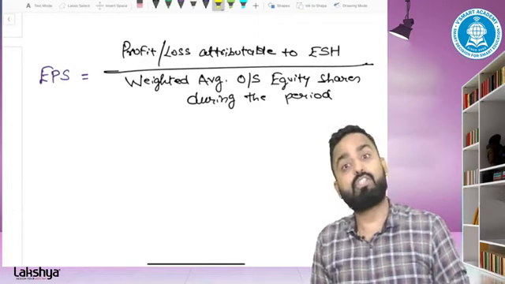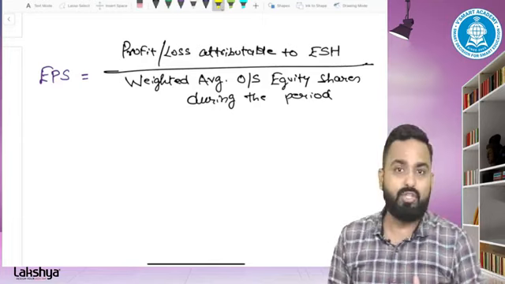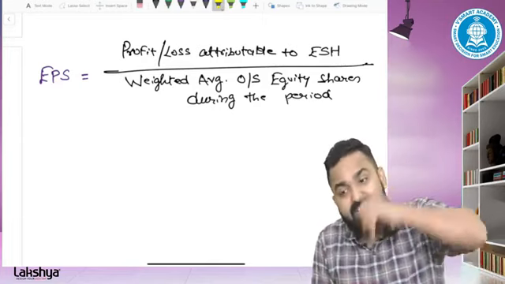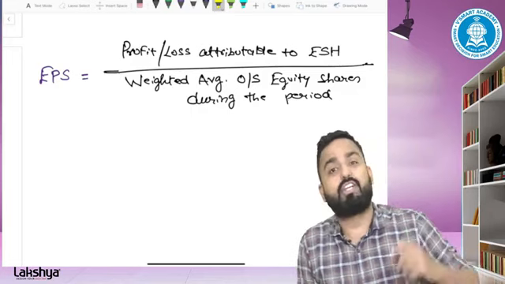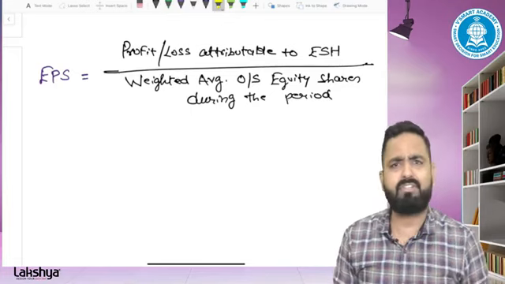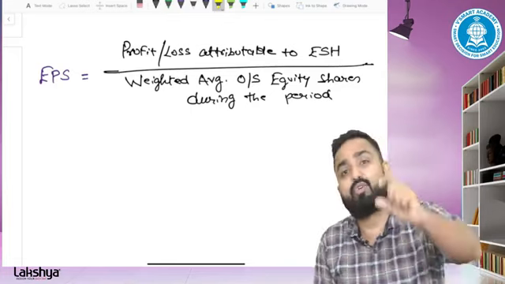Suppose we made the bonus issue on a different date, different from the right issue and the public issue. In the same year, we announced a buyback of the same ordinary shares, some of them, not 100%. Buyback is not allowed to the extent of 100%. Buyback is allowed only to the extent of 25%.